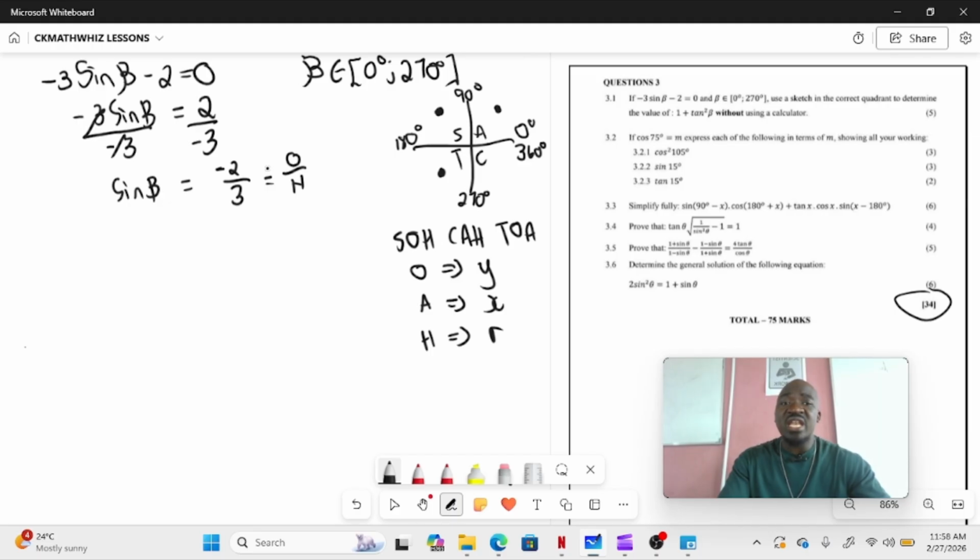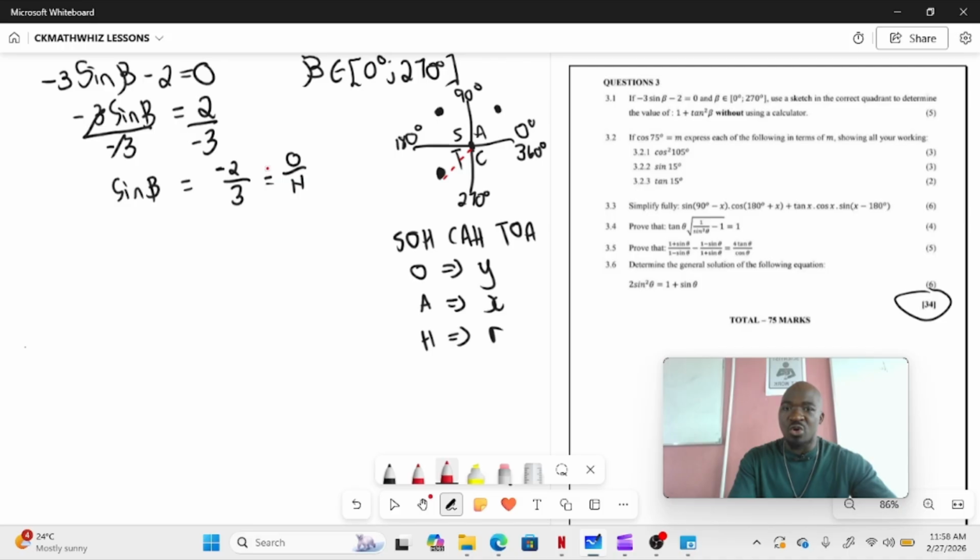On that vertical axis, from the origin going down we find the negative values, and from the origin going up we find the positive values. This simply means our triangle for sine beta is supposed to be in this quadrant here, so this is going to be our triangle.